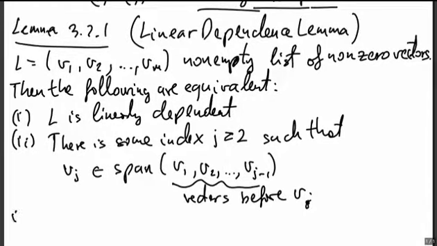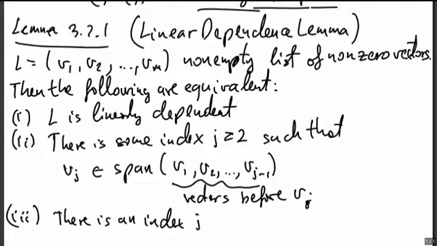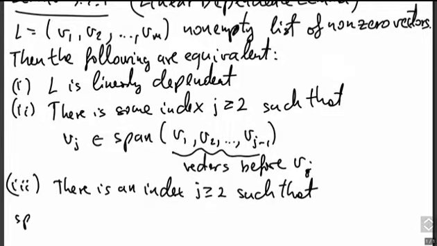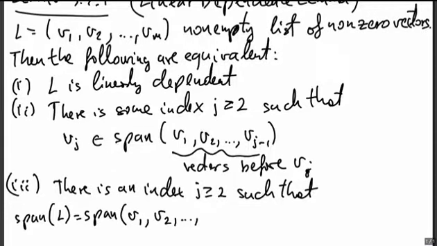And the third property: there is an index j greater than or equal to 2 such that the span of all the vectors, let me write this down, how it looks, v1, v2, and then this is about the j index, so at some point you have vj minus 1, then you have vj, then you have vj plus 1, and then you continue up to vm.